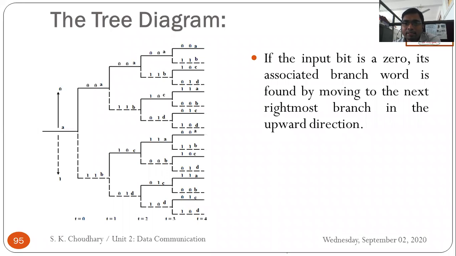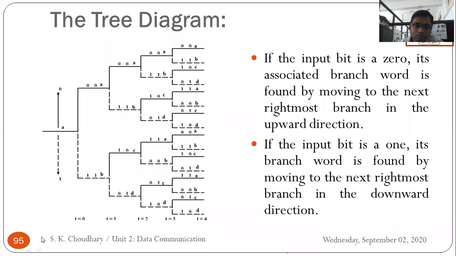So how it works, you can see here. If the input bit is 0, its associated branch word is found by moving to the next rightmost branch in the upward direction. This is important. When the input bit is 0, you move in the upward direction.